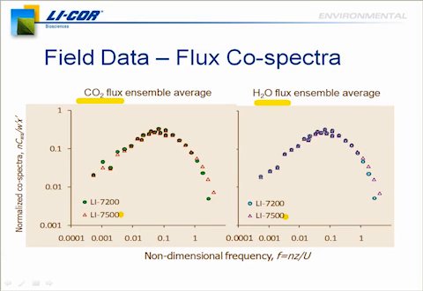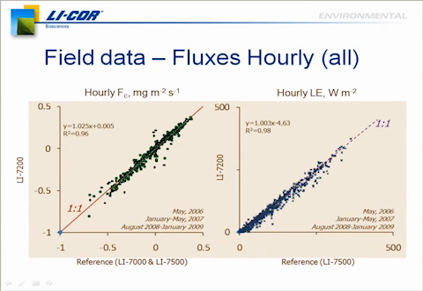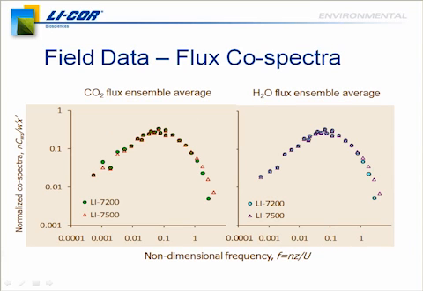They're as we expected, and the high frequency attenuation occurs with the slightly longer intake tube. Now, for a comparison, the frequency loss for a closed path analyzer with the 4.5-meter intake tube can be anywhere between 15 and 30% frequency loss.